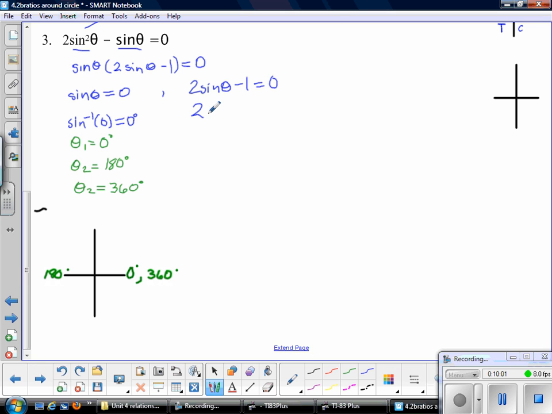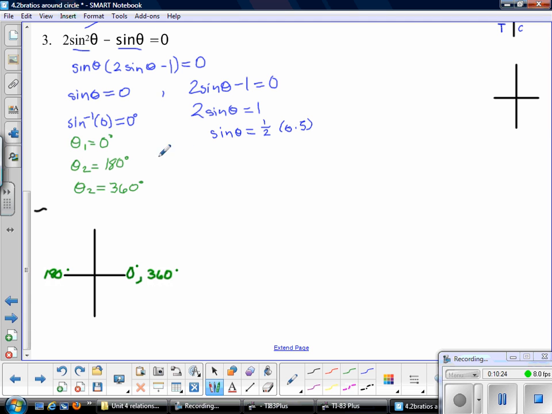So now I have 2 sine theta equals positive 1. I'm going to divide both sides by 2 so that I have sine theta equals 1/2, or in other words, 0.5. And notice it is positive.